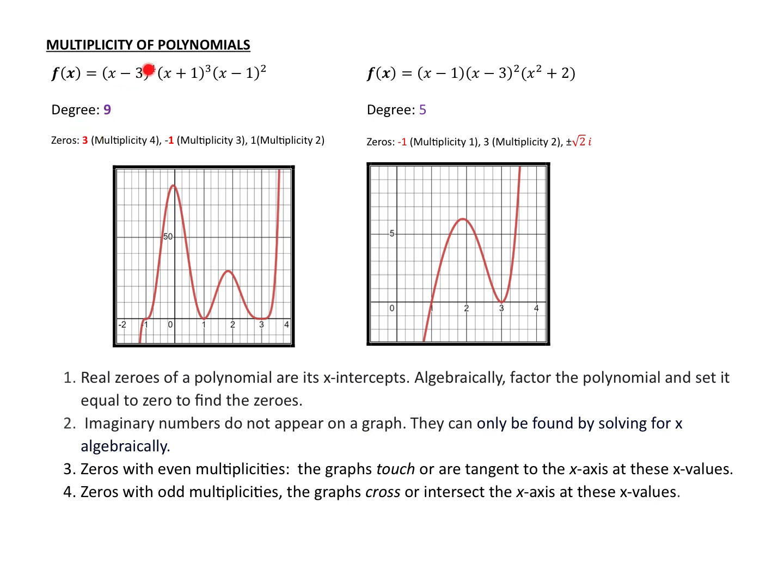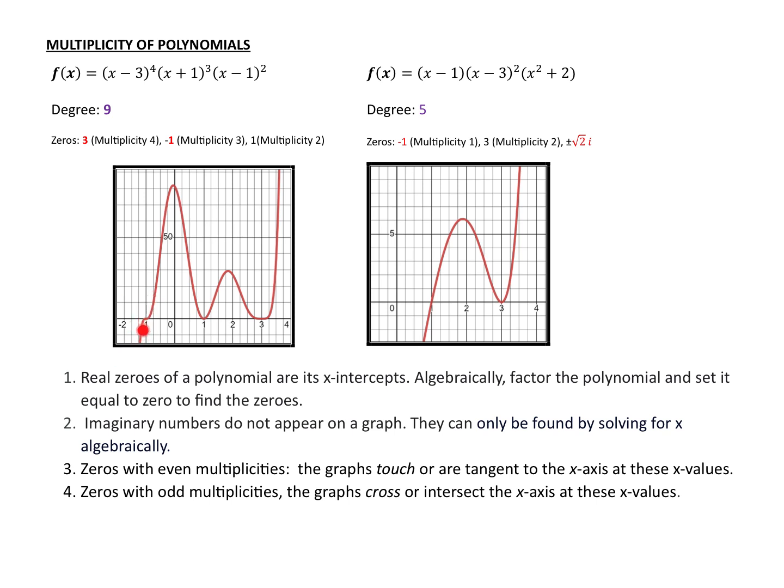And this exponent tells me 3 is going to be repeated 4 times. So negative 1, if I solve this one, has a multiplicity of 3, so repeated 3 times. 1 is repeated twice.